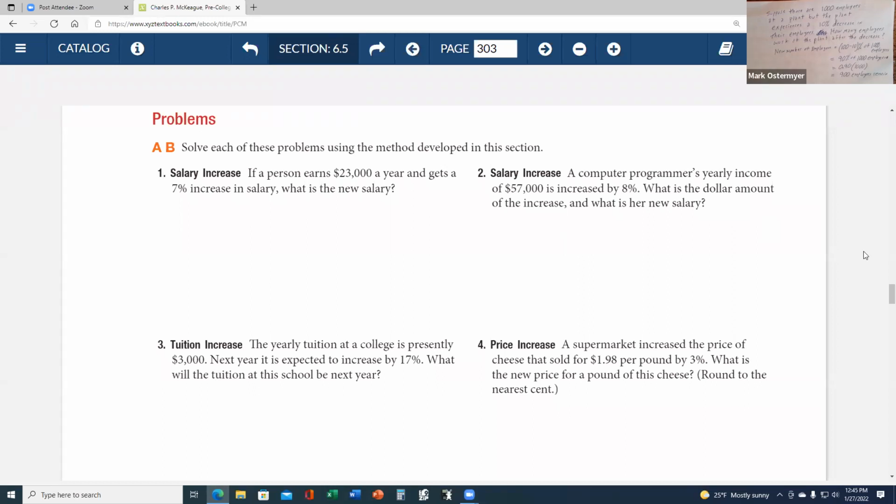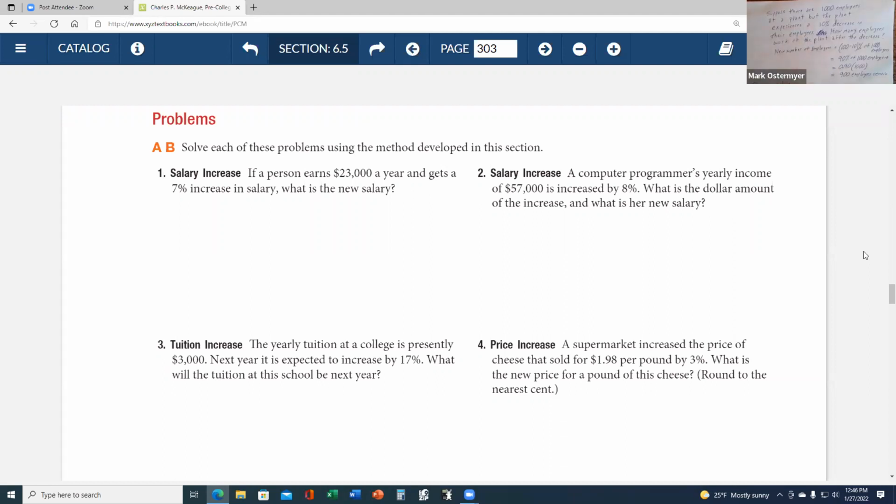So, ladies and gentlemen, how are we going to compute the new salary for number 2? The new salary is going to be equal to what of the old salary, $57,000? Is it going to be 100 plus 8% or 100 minus 8%? Plus. 100 plus 8%.